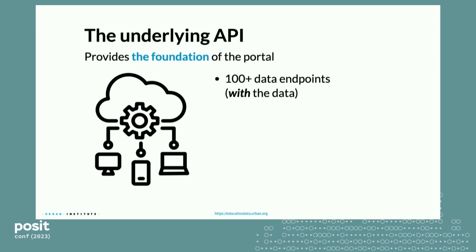So that's tuition data, that's the finance data, that's the actual data that users use. It also includes about a dozen metadata endpoints. So these are API endpoints about the data. So that's information like what years are available, or what variables exist for an endpoint, or what are the special values for each of the variables.